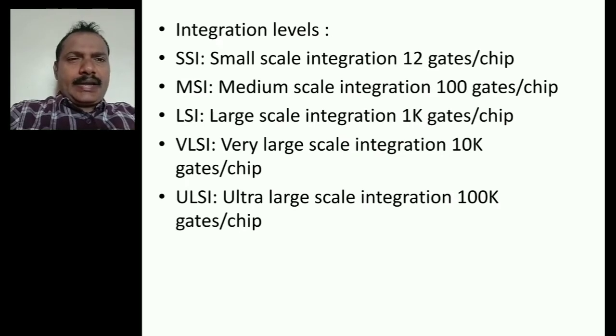For VLSI, very large scale integration, 10,000 gates per chip are possible. And ULSI, ultra large scale integration, up to 1 lakh gates are possible per chip. So these are the integration categories, and the high level of integration is possible with the advancement of manufacturing technology.